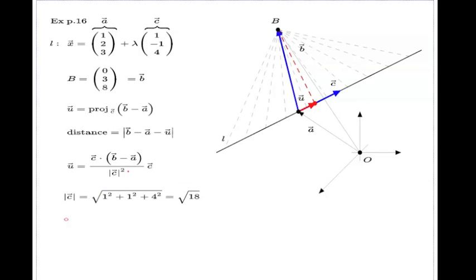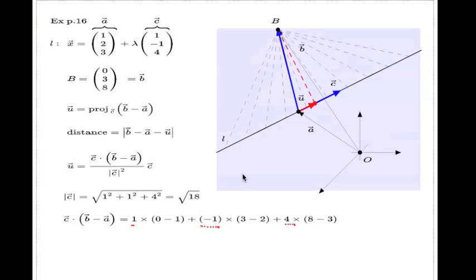Dot product, that's a dot product of a difference. I'll open it and I'll take you through it. The left factors here are 1, -1, and 4. These are the components of the C vector, right? 1, -1, and 4. That's true.